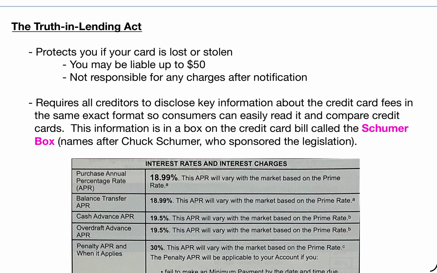The act also requires all creditors to disclose key information about every credit card fee, and it has to be presented in a way that can be easily read by you as a consumer. In this way, you can compare the fees that a particular issuer gives you versus another issuer.